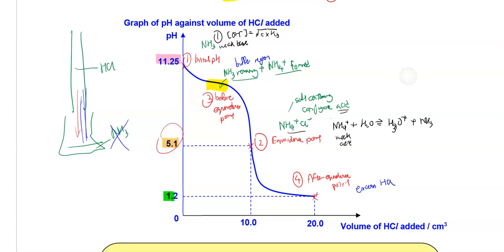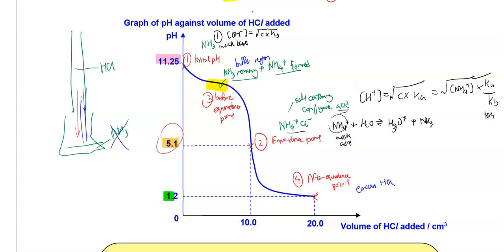We can view this as a weak acid solution, so H+ equals square root of C times Ka. To be more specific, it is the square root of NH4+ times Kw over Kb of NH3.